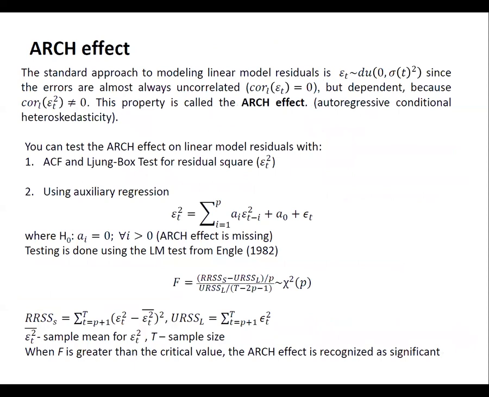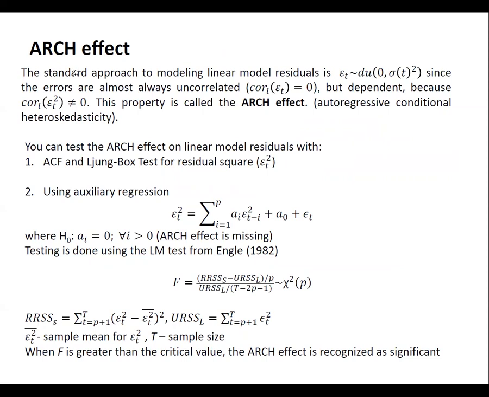The fact that the standard approach to modeling linear model residuals is not adequate and the third form of the model applies was first found in 1982 by Engle. And this property is called the ARCH effect, autoregressive conditional heteroskedasticity, for time series.